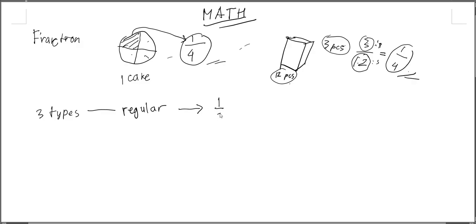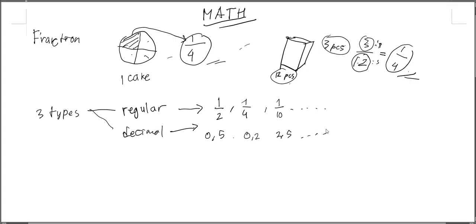The regular is like 1 per 2 or a half, 1 per 4 or a quarter, 1 per 10, and so on. The second type is decimal, and I guess you are familiar with this. Decimal is like 0.5, 0.2, 2.5, and so on.